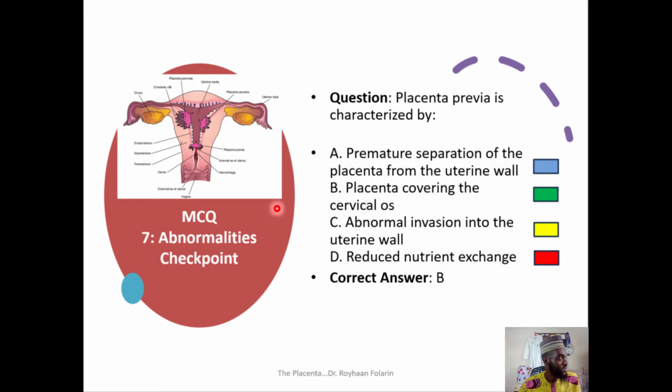Placenta previa occurs when the placenta partially or completely covers the cervical os, like we mentioned earlier. Of course, this poses a lot of risk to the delivery, and the child may have to be delivered through cesarean section.